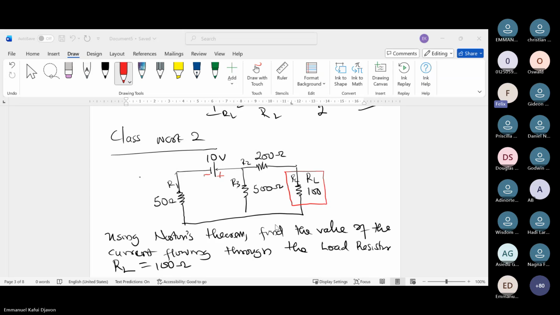That's I is equal to V over R, and we say our V is 10, and our total resistance that we were working previously, we got 192.8. So 10 divided by 192.8, I got 0.086.